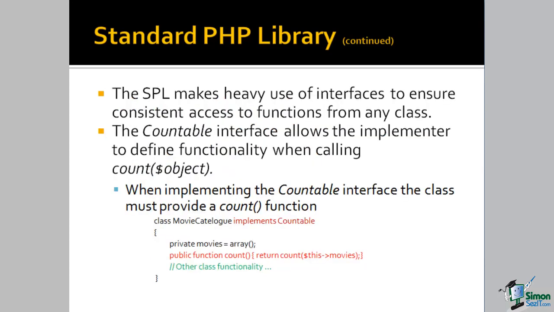So why are interfaces important? Well, besides providing a standardized interface that a user of our class can depend on, the SPL makes heavy use of interfaces to ensure a consistent API for any of the classes within the SPL. One of the interfaces provided by the SPL is the countable interface.